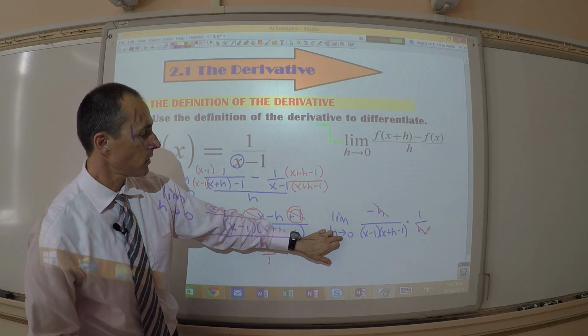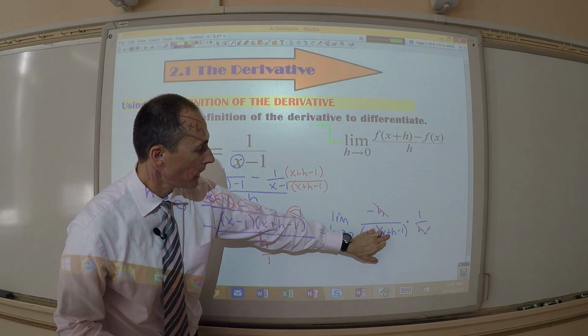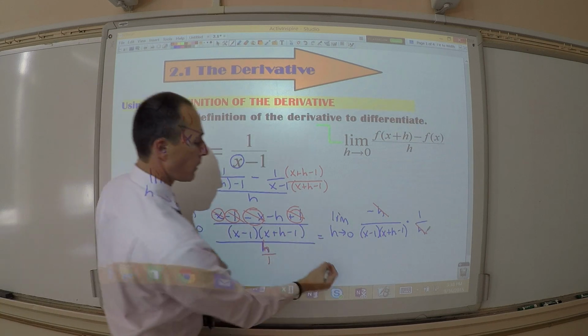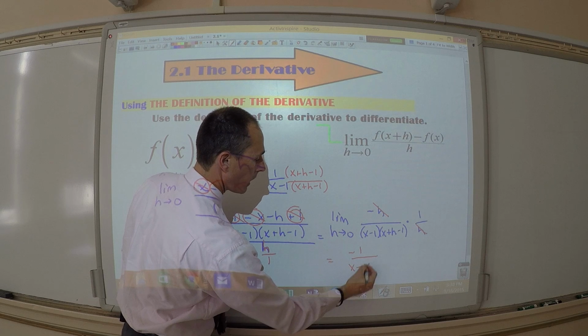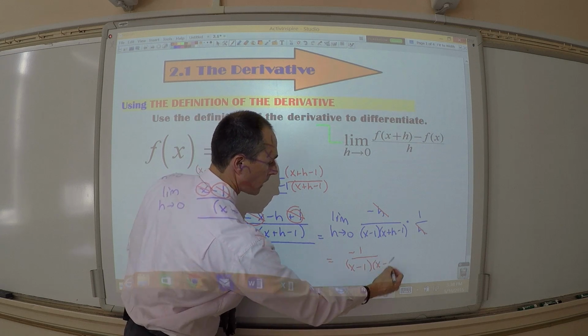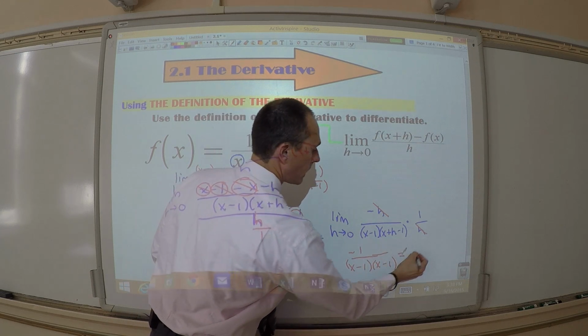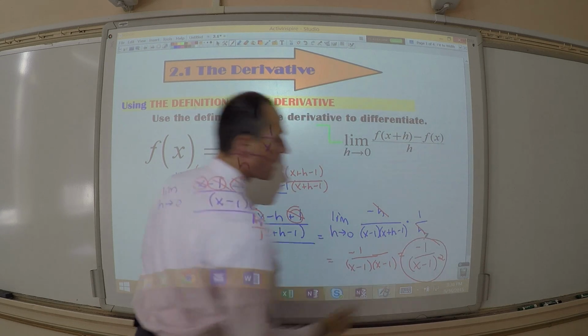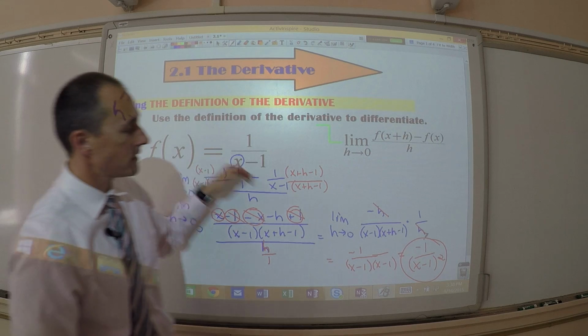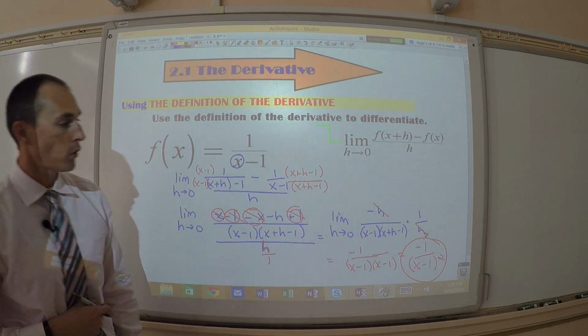But in this case, I can actually go put 0 in for h now, apply the limit, and what we wind up with is negative 1 over x minus 1 times x minus 1, or negative 1 over x minus 1 squared. So the derivative of 1 over x minus 1 is negative 1 over x minus 1 squared.